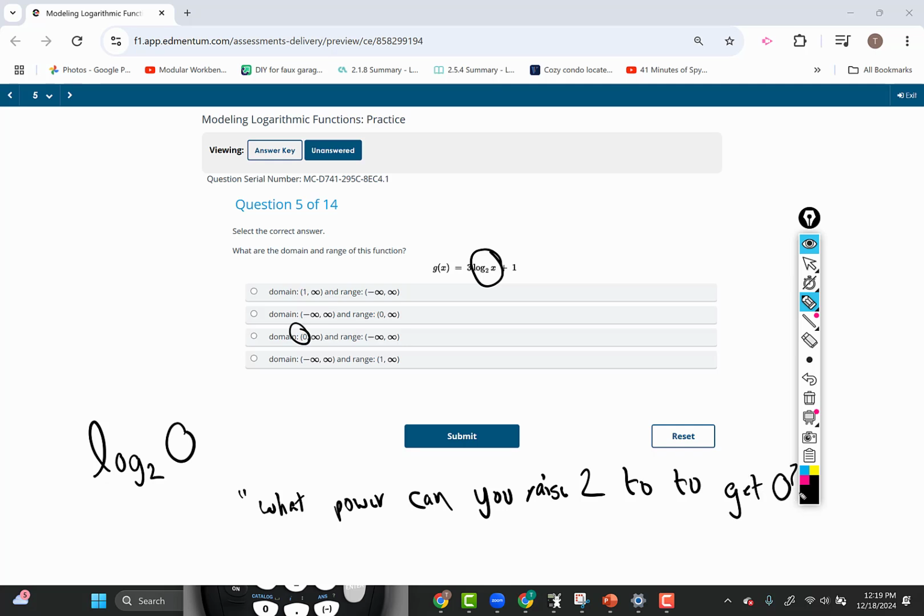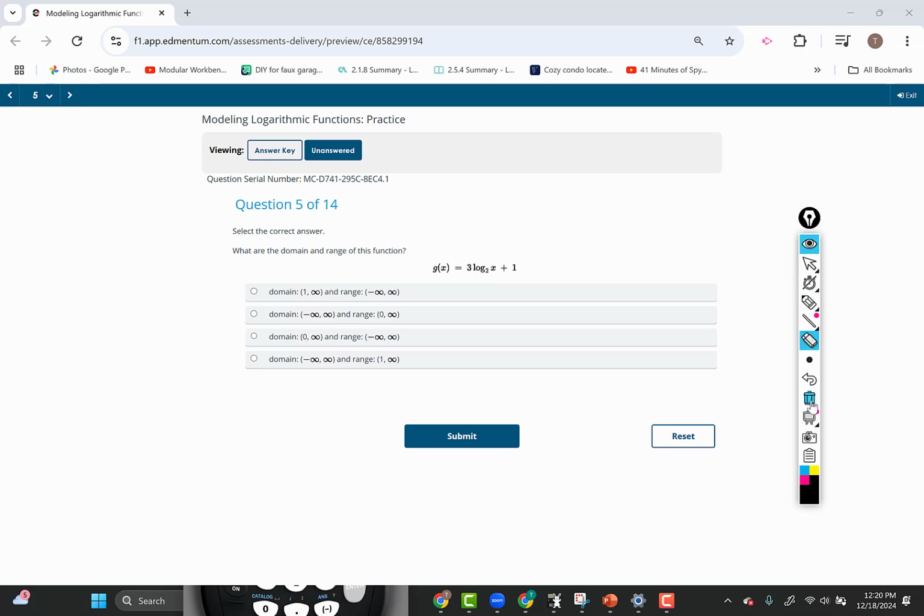And you can't. You cannot raise 2 to a power and get 0 or any negative number. You can't. So it's not possible to raise 2 to a power to get 0 or any negative number. So anytime you're trying to take the log of 0 or a negative number, you know that's where the graph doesn't exist. So essentially what we've got here is we've got an asymptote.